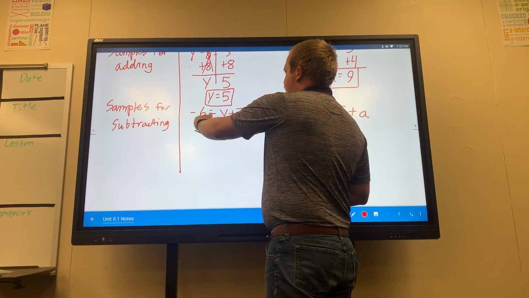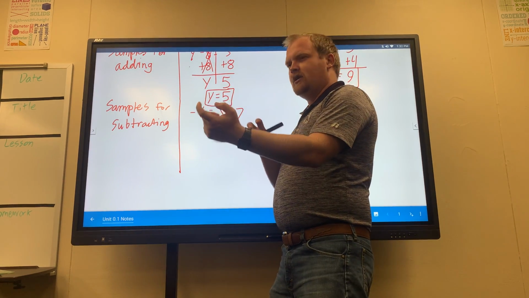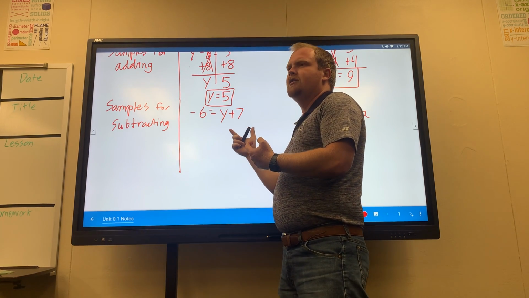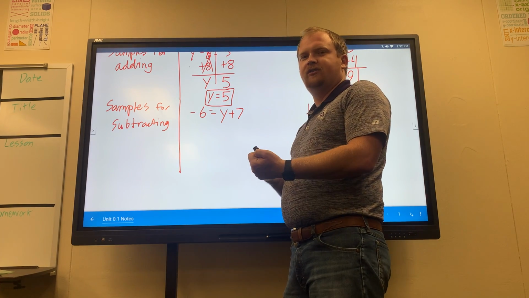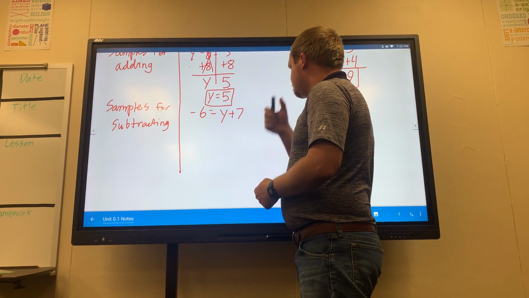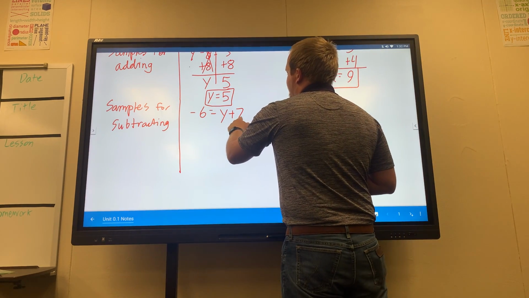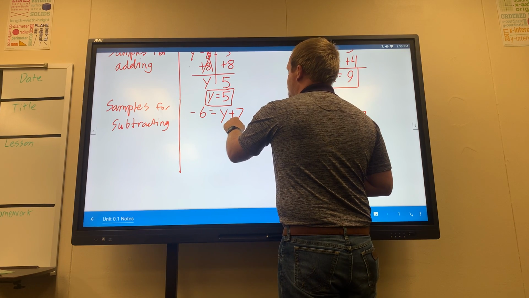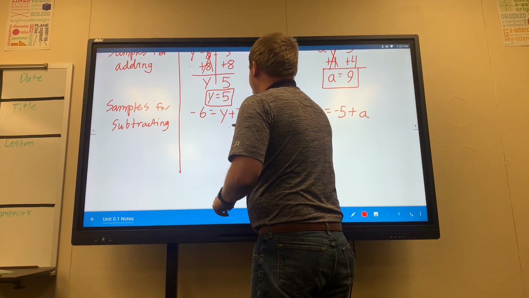Now, negative 6 equals y plus 7. Now, it is a little bit backwards, okay? Now the variable is on the right side, but even if it's on that side, it's still going to work out the same way. But let me show you what happens. Since I've got y plus 7, since I'm adding 7 here, I've got to subtract 7 from both sides.